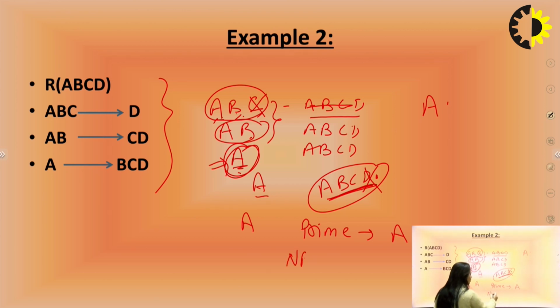And non-prime attributes are those attributes which are not part of the candidate key. So the rest of the attributes, skipping A, that is B, C, D, are non-prime attributes. So the attributes which are part of a candidate key are known as prime attributes, and the rest of the attributes come into the non-prime attributes.